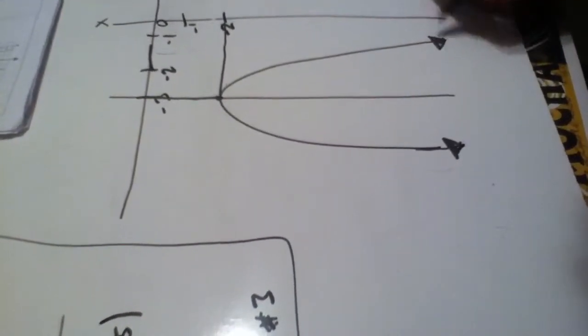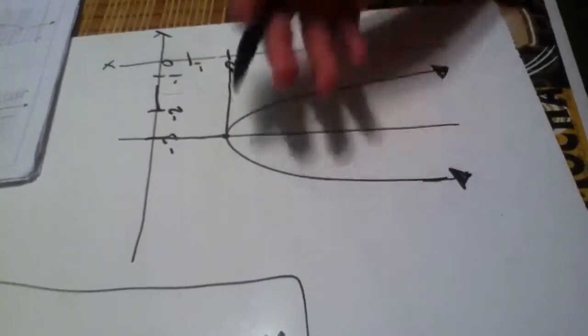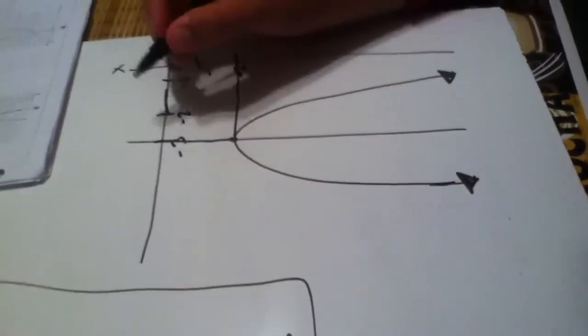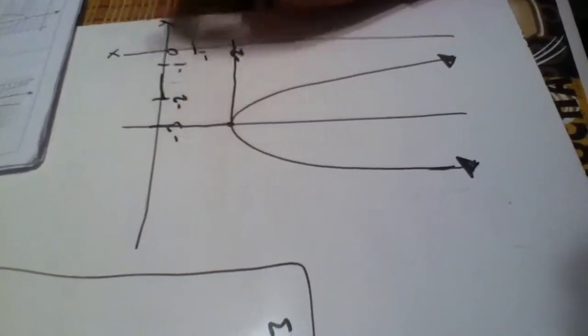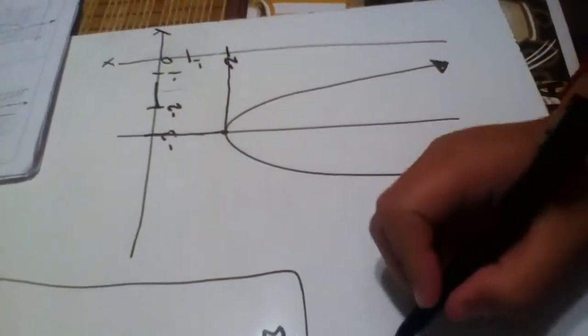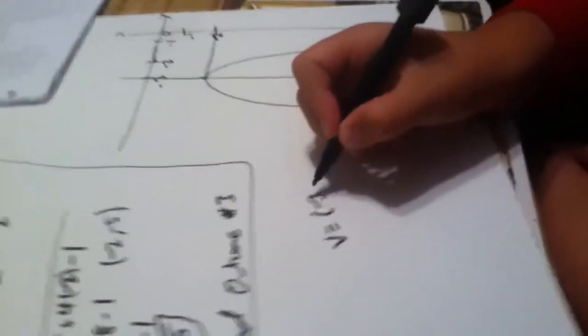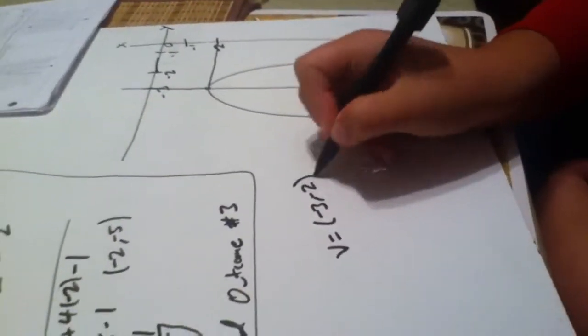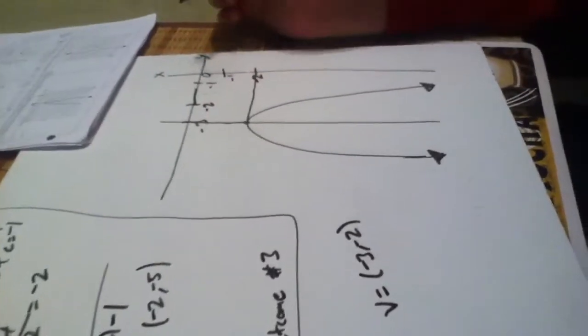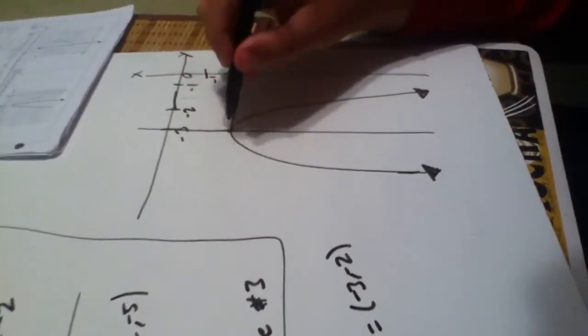At the top or the bottom, if it was upside down, it would be the bottom, is the minimum or the maximum where it hits. Here, this is x and this is y. So the vertex equals negative 3, comma, negative 2. And we have to find the axis of symmetry with this.